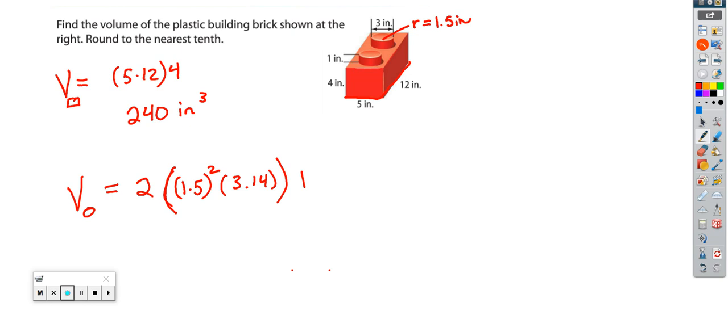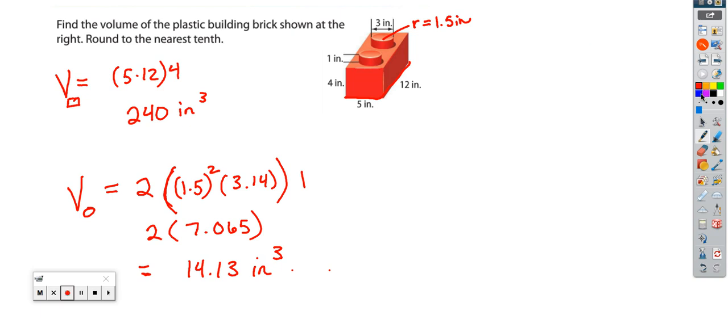And inside these parentheses, it is 7 and 65 thousandths times 1. 1 doesn't change anything, so I'm going to leave it off. Multiply 2 times 7 and 65 thousandths for my 2 cylinders. That gives me that the volume of my cylinders is 14 and 13 hundredths inches cubed.